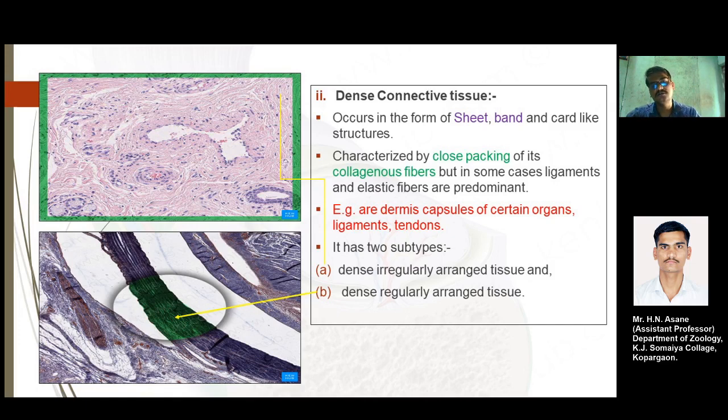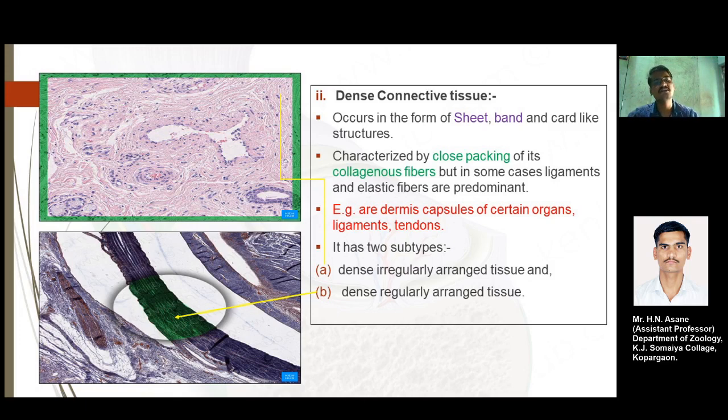The sheet means we can see the plane surfaces of the sheet, like this tissue located in the first picture. The densely irregularly arranged tissue, you can see this whole slide is of the dense connective tissue, which is irregularly arranged.